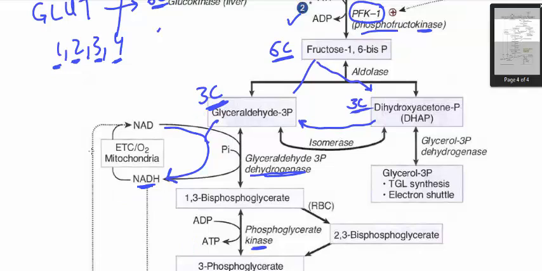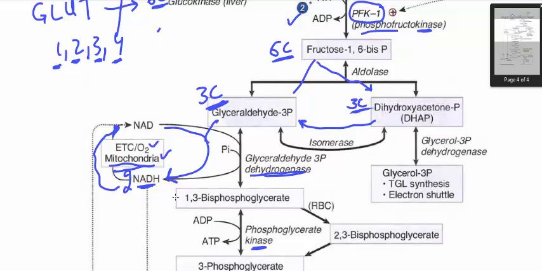Now, another important point is that these two NADH which are being produced here have to be oxidized back to NAD, and this happens in mitochondria during the electron transport chain in the presence of oxygen. But if there is no mitochondria or there is no oxygen, for example, there will be no oxygen in case of hypoxia or anaerobic respiration, and there will be no mitochondria in case of red blood cells, in that condition again we have to oxidize these NADH back to NAD.